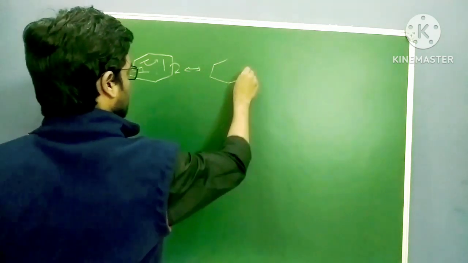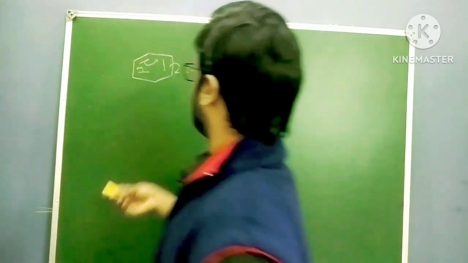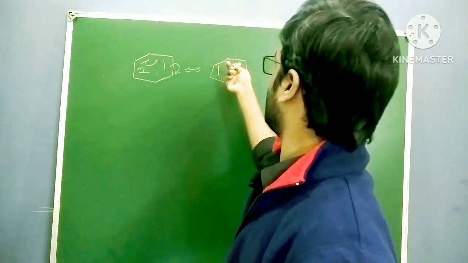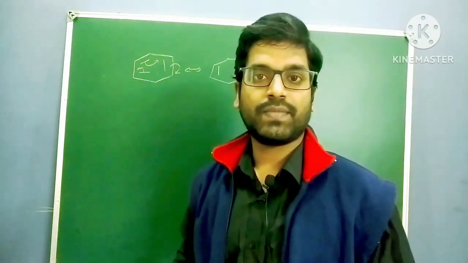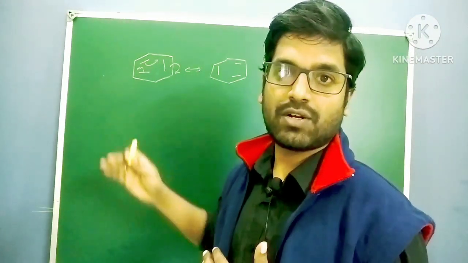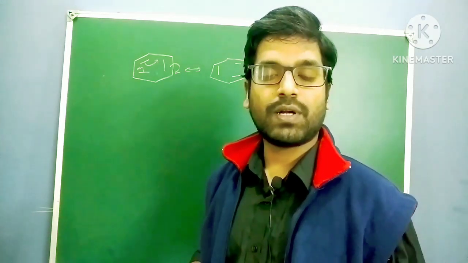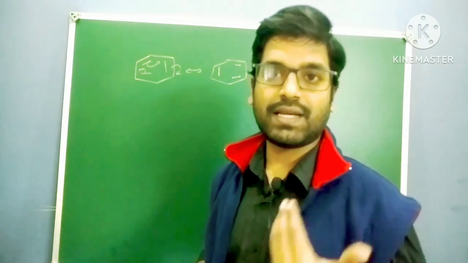Initially here a single bond, now here a double bond. So a double bond becomes a single bond becomes a double bond. This is about resonance. Because of electron delocalization, some double bonds can behave like single bonds and single bonds can behave like double bonds.